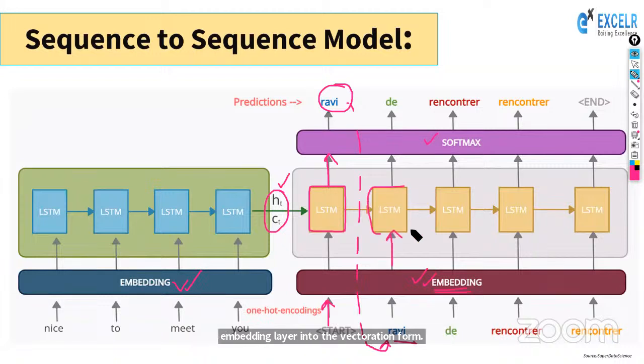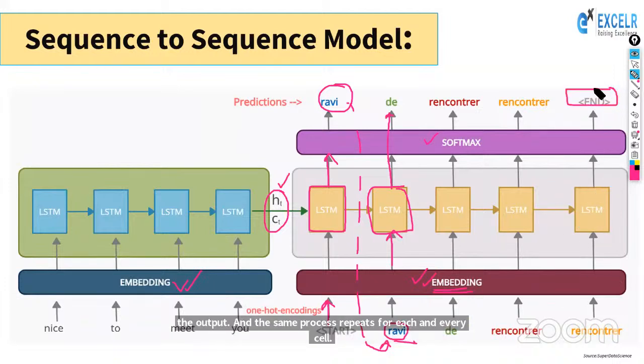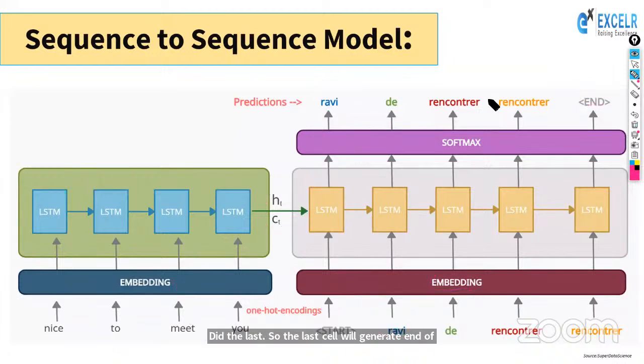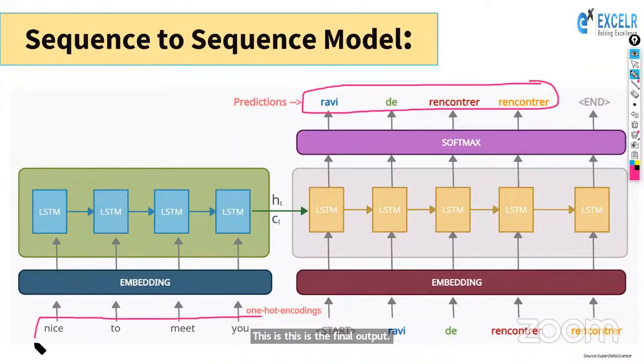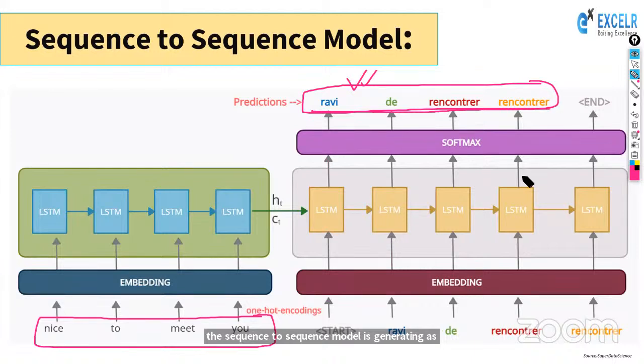This LSTM model will take input from the previous LSTM cell's hidden state and cell state output, and this current word vector representation, and it will generate the output. The same process repeats for each and every cell till the last. The last cell will generate end of sentence, so that the model can understand this is the final output. So in this particular example, if this is your input sentence, this is what the sequence to sequence model generates as the output sentence, right?